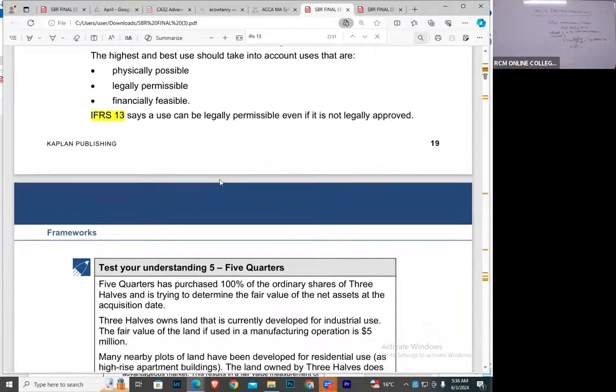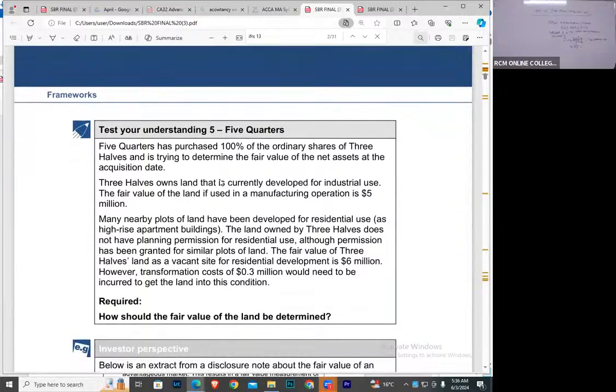We come here, test your understanding 5, the last concept that you're doing here. 5 quarters purchased 100% of the ordinary shares of 3 halves and is trying to determine the fair value of the net assets at the acquisition date. 3 halves owns land that is currently developed for industrial use.